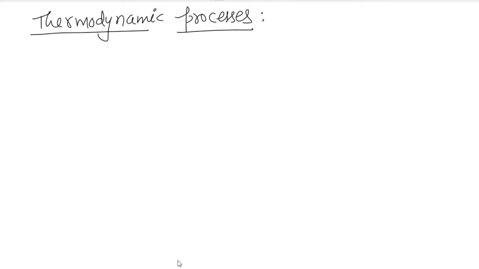First we saw what is system, what is surrounding, then open system, closed system, isolated system, homogeneous system, heterogeneous system. Today we have the next part, that is intensive property, extensive property and state functions.